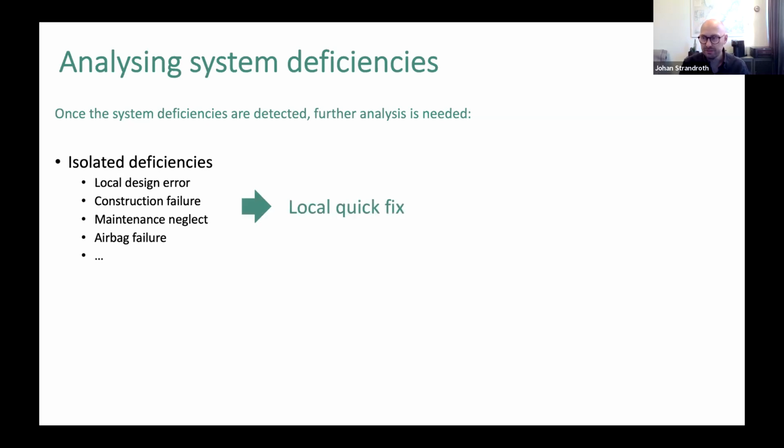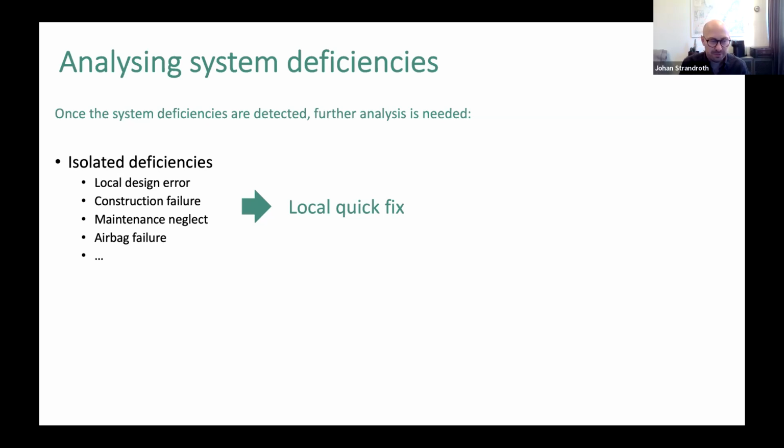That sounds like something done in a hurry and not very carefully, but it doesn't have to be. Let's say it's a local design error. Someone hasn't pulled the bolt tight enough in a barrier system. Potentially that's something that just needs to be fixed in this particular location.